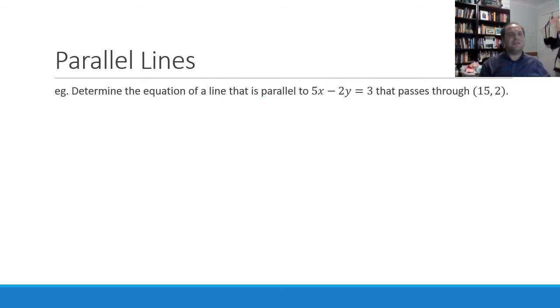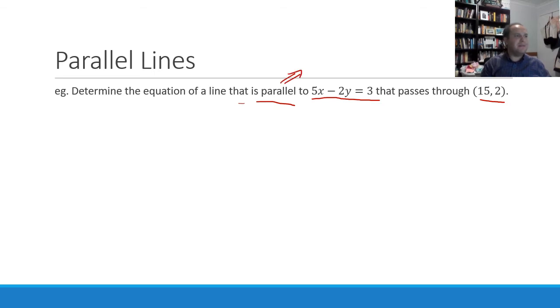All right, so now let's use this in an example. We have to determine the equation of a line that is parallel to 5x minus 2y equals 3, that passes through (14, 2). Some of the information we've been given: we've got our point, and we've also been given a way to work out our gradient, because we're told that our line is parallel.